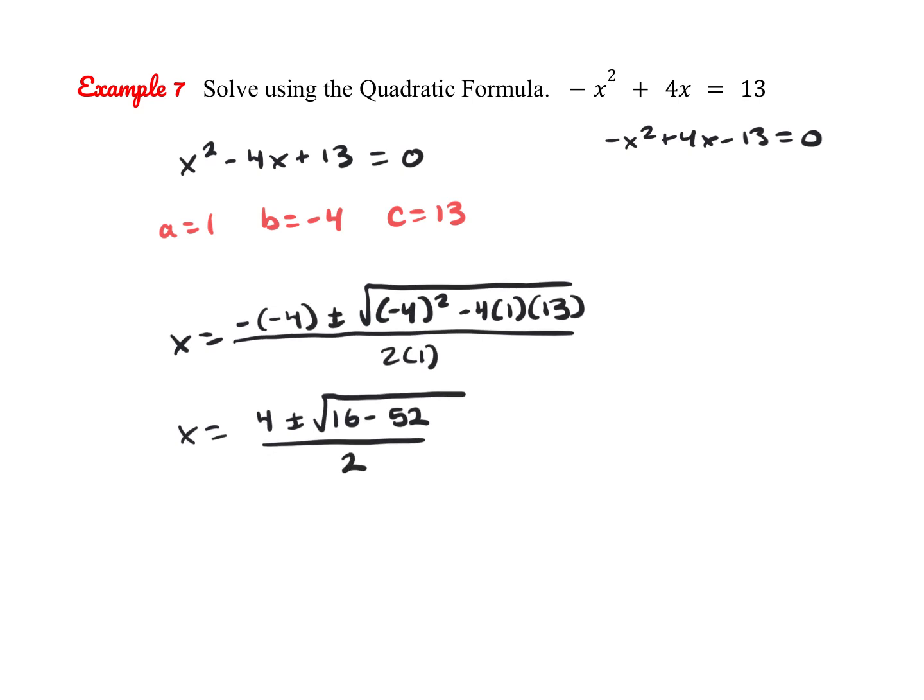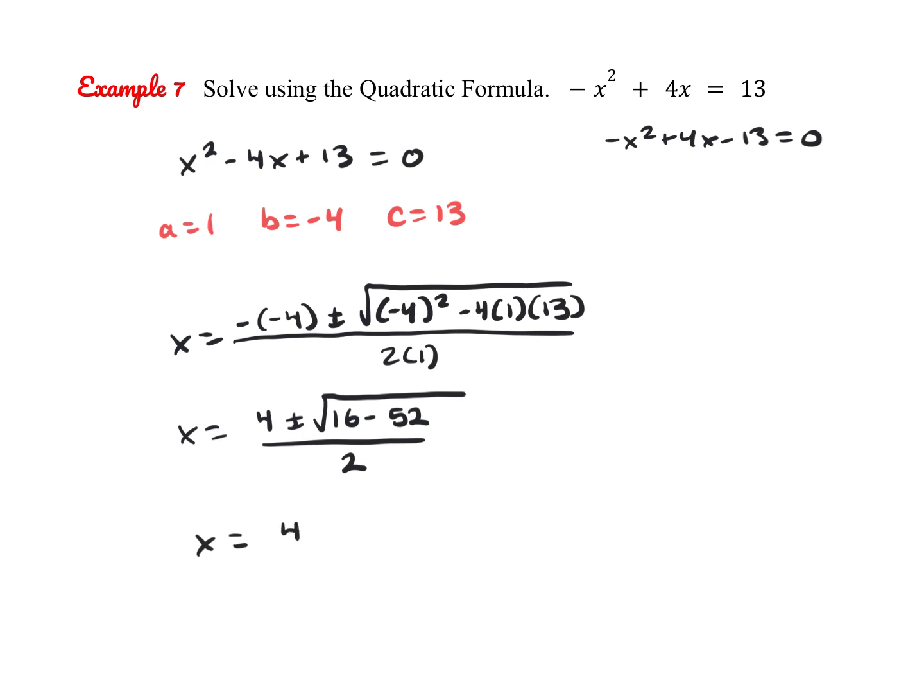This is why it's really important that when you substitute, you do it with parentheses, because here we are squaring the negative and the 4. If you don't have the parentheses written in, technically it would be negative 16. So it is important that you have those parentheses. And just get in the habit of any time you substitute, do it with parentheses.